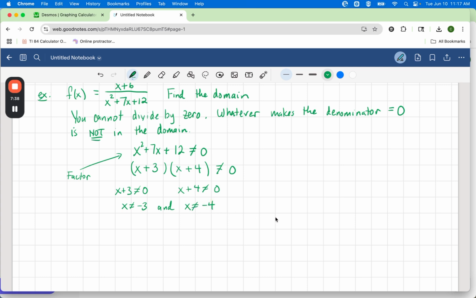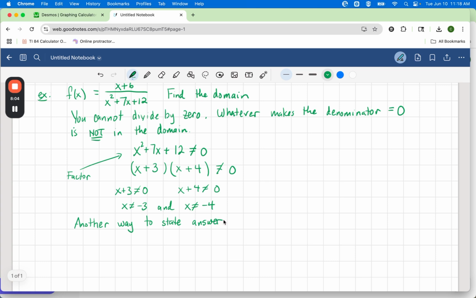If x equals either one of those two things, then you have a problem because you're dividing by 0. We talked about asymptotes a little bit in the last section at the end. You're going to end up with vertical asymptotes at negative 3 and negative 4 for this one. So we'll be talking more about that in section 3.7.